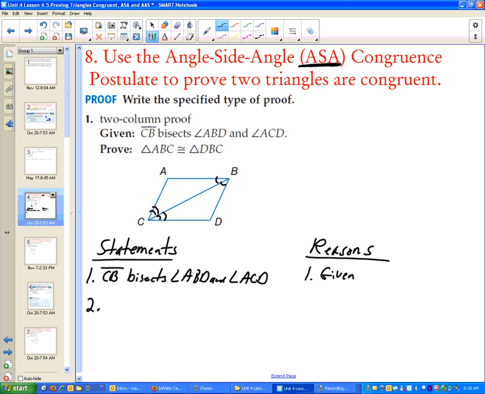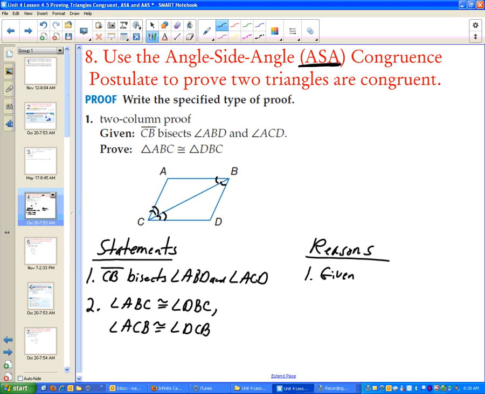So angle ABC is congruent to angle DBC. Angle ACB is congruent to angle DCB. And what's our reason?